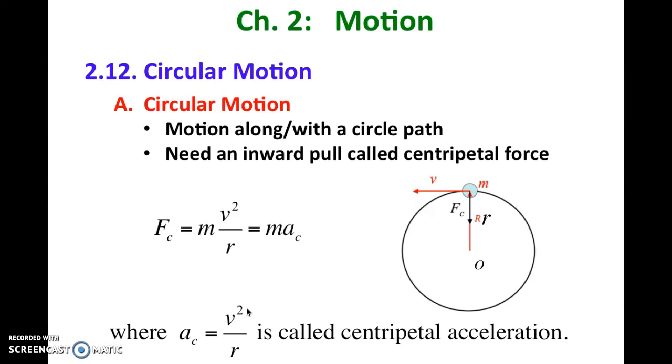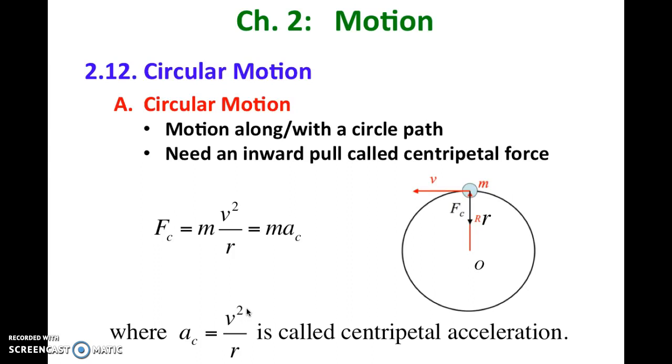Section 12 is about a special two-dimensional motion, uniform circular motion, which is defined as motion along a circular path. For an object to do circular motion, an inward pull or force is needed. This inward force is called the centripetal force, which is proportional to the mass and the speed squared, and inversely proportional to the radius.